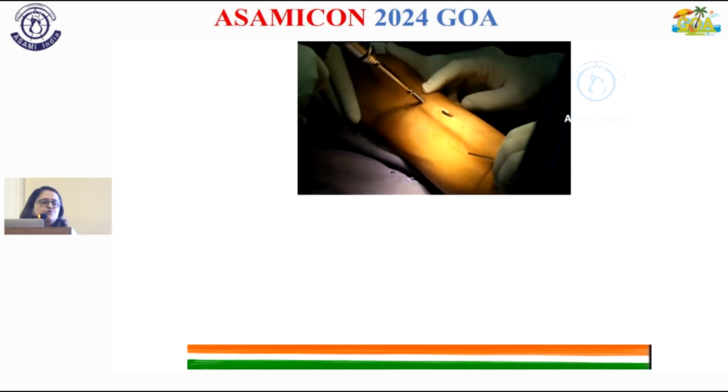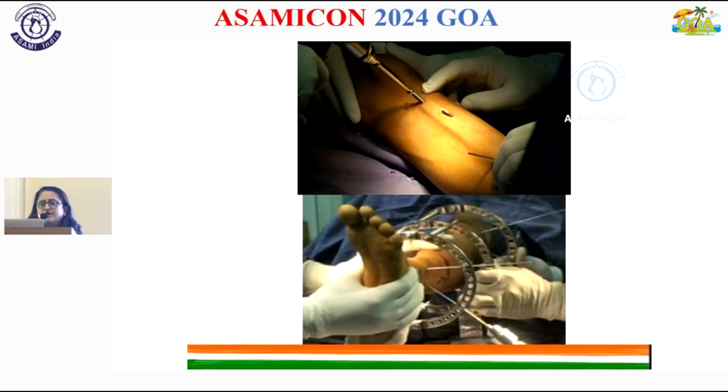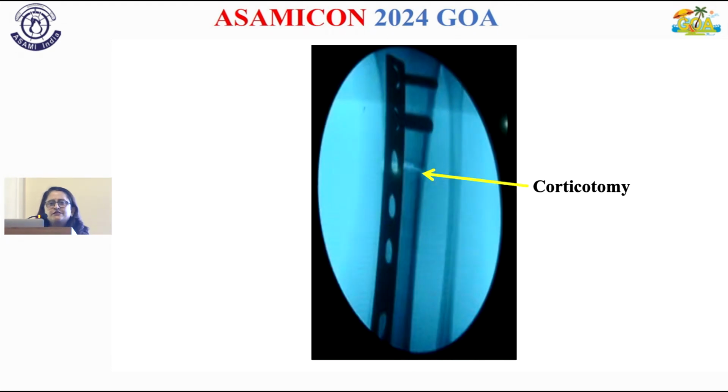Put three screws percutaneously in the proximal holes. At the site of corticotomy, elevate the periosteum, make multiple drill holes, cut the anterior cortex, and then apply Elizarov fixator. 1 ring above, 1 ring below the plate. Here the middle ring is empty. Then the corticotomy is completed by rotational osteoclasis.